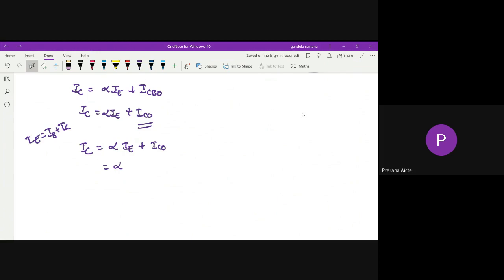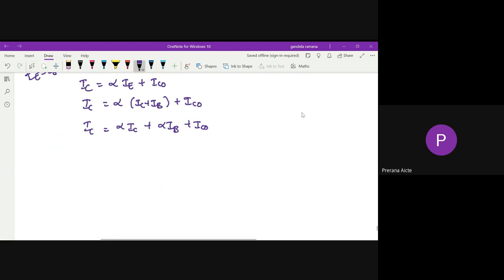So IC is equal to alpha IC plus alpha IB plus ICO. Move the ICs to one side: IC minus alpha IC is equal to alpha IB plus ICO.